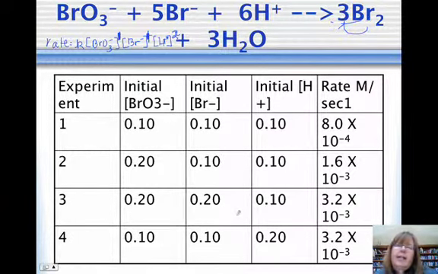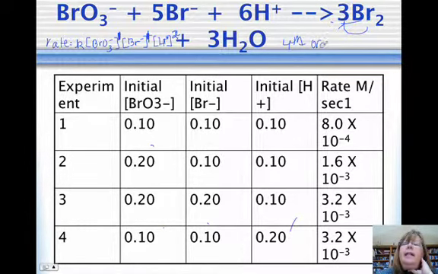Notice what happened. I started looking at experiments 3 and 4, but that wasn't a good choice because we were, yes, doubling the concentration of the protons, but we were also changing other things at the same time. So we really needed to be looking at experiments 1 and 4, where we double the proton concentration, keeping the other concentrations the same. Our rate quadrupled, and so the proton concentration is second order. This reaction order overall would be fourth order.